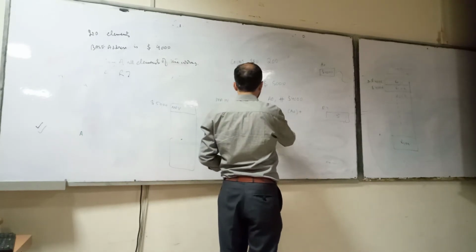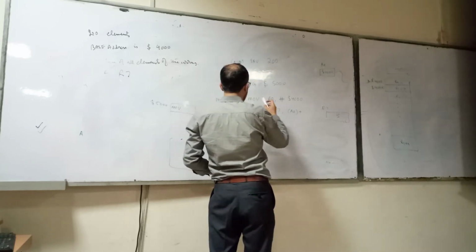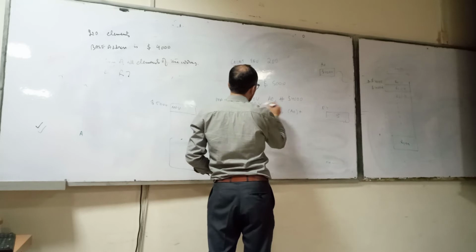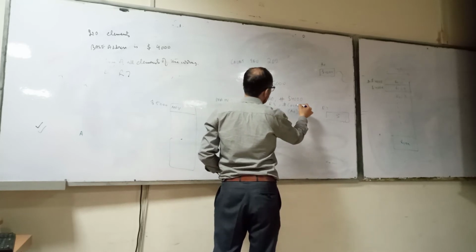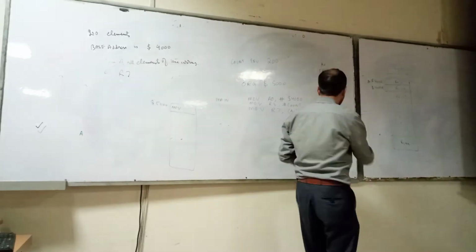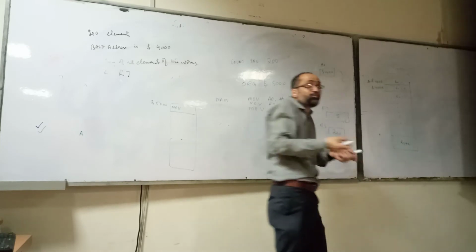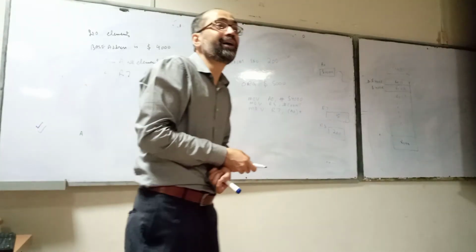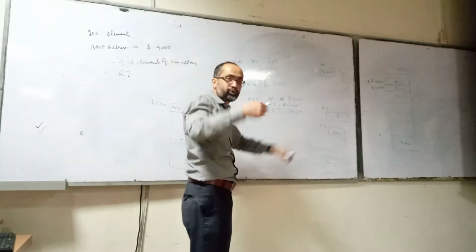We can also move R3, hash count. So the value of R7 is 5, and the value of R3 is 200. It is actually a loop counter. So now we should decrement.